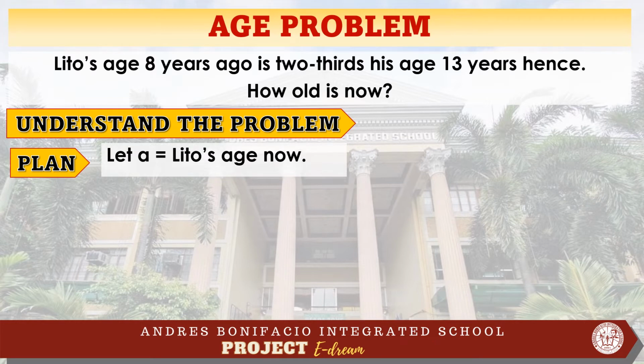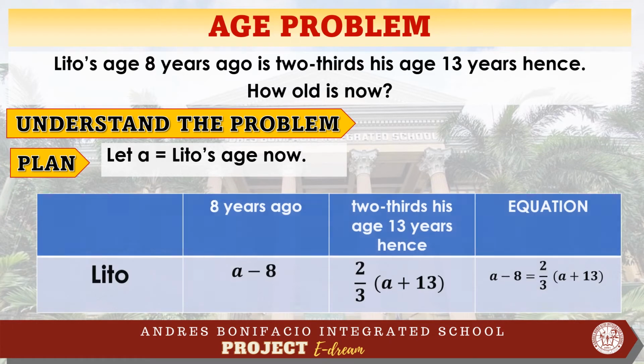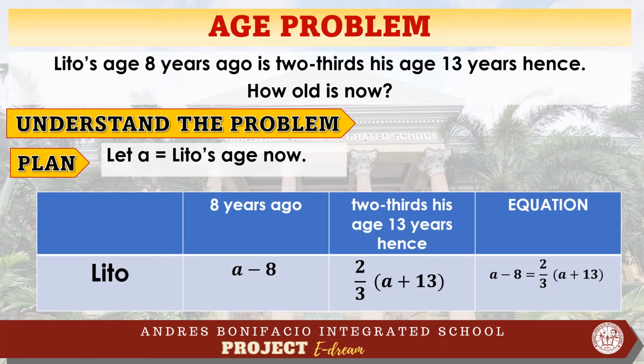Let A be Lito's age now. So we will use a table to represent the following information in the given age problem. So we have here 8 years ago represented as A minus 8. Two-thirds his age, 13 years hence, is represented by two-thirds times the quantity A plus 13.